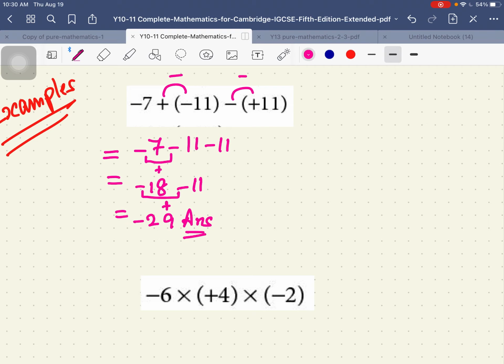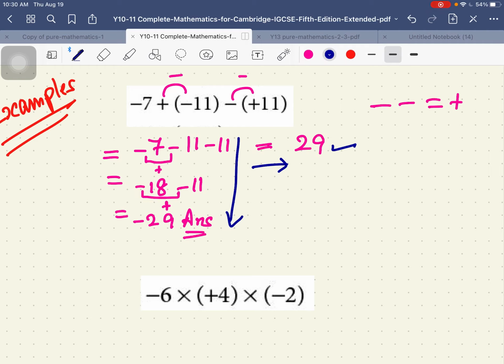So we can directly add all these numbers like this. 11, 11, 22 plus 7 is 29. We are adding them because all are negative, because minus minus is plus and the sign stays minus. So minus minus is plus, just add them. So you can go this way, you can move it directly. It's all up to you, the answer is the same.